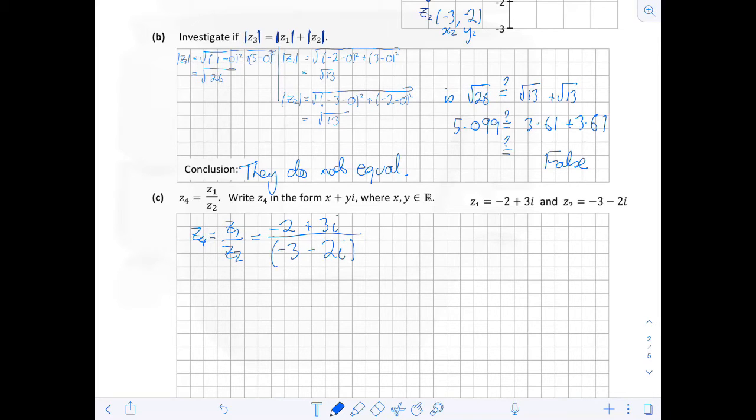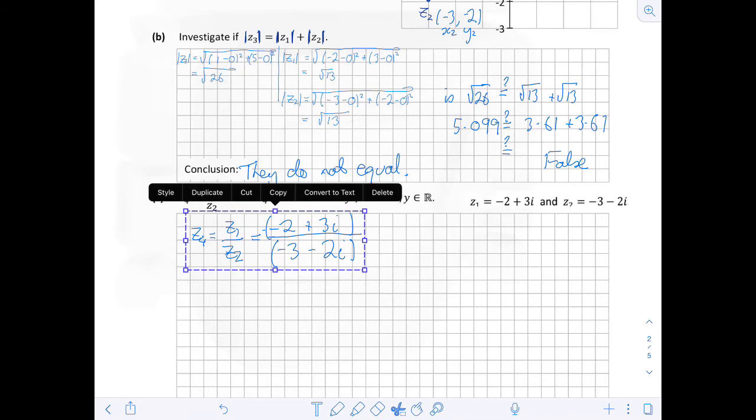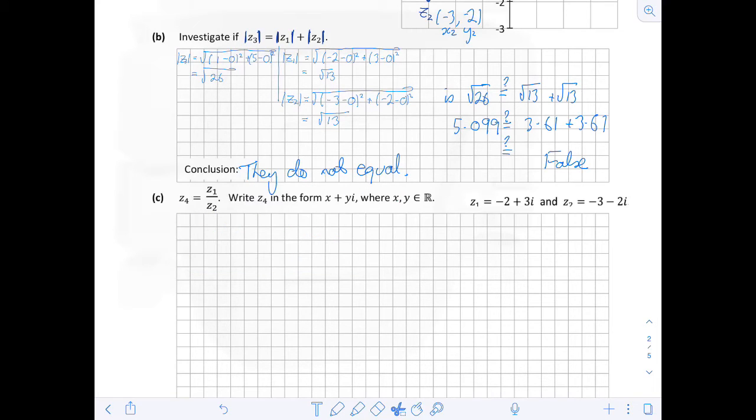So we have to do dividing here. That's really messy. Sorry about this. I'm going to try and be a bit neater because this is really important. Okay. So the fraction we're going to have is -2 plus 3i all over -3 minus 2i.